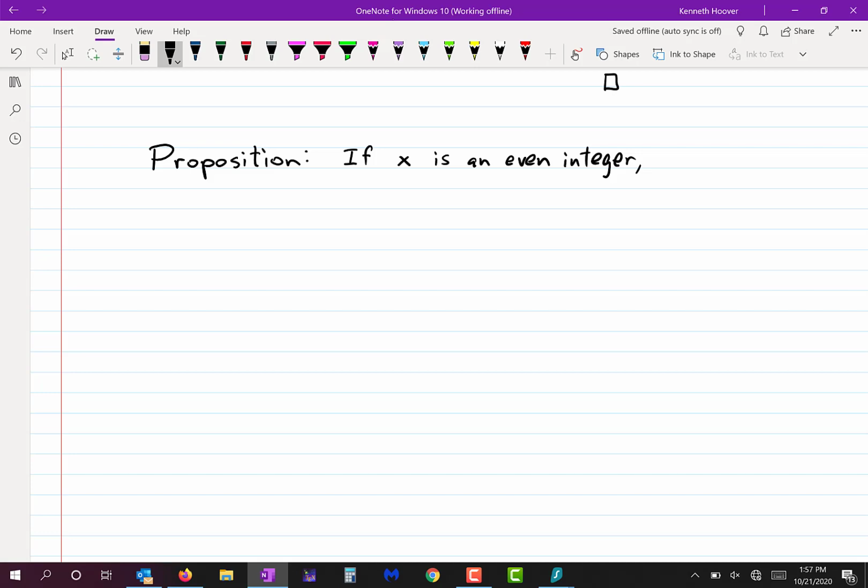Because the definition of even is 2 times an integer. So every even number is an integer, okay? All right, if x is an even integer, then x squared minus 6x plus 5 is odd.